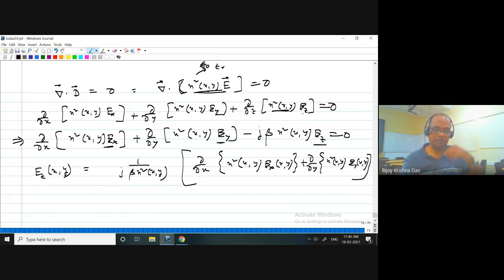So if I can solve Ex xy, Ey xy from equations 3 and 4, I just multiply the refractive index profile at every point and take the partial derivative with respect to x and the partial derivative with respect to y. So you don't need to solve a second order differential equation. Just first order derivative and some scaling factor that gives you Ez. So I don't need to go for the third equation to solve.